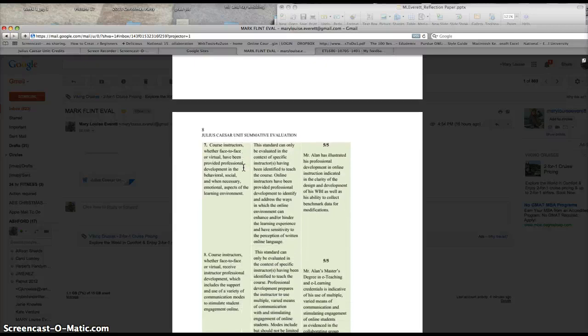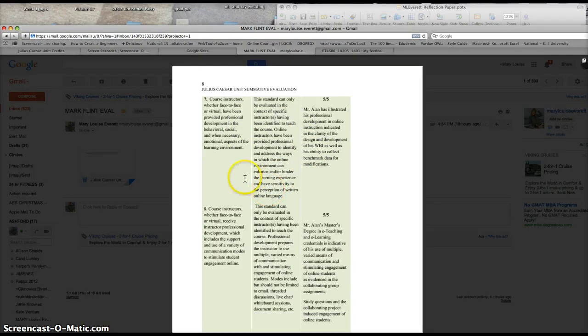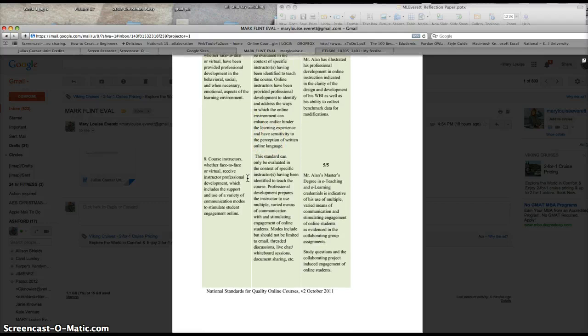And besides the rating, I also gave detailed information about what he could modify or not modify or leave as is.